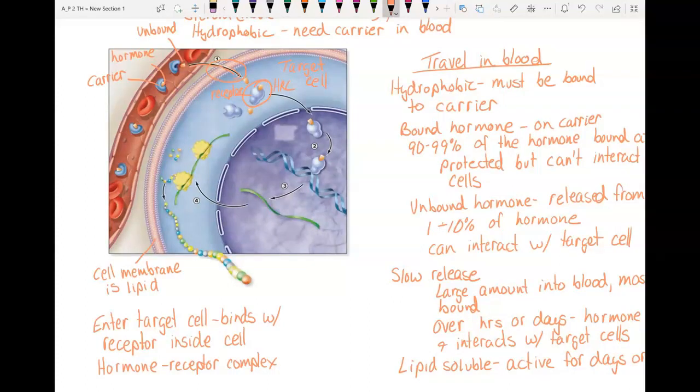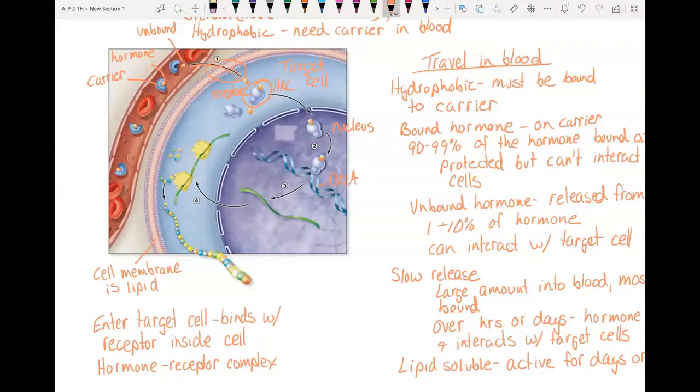The purple part here is the nucleus of the cell. So again, think back to chapter 4, the parts you've learned. The hormone receptor complex enters the nucleus. Now think about what's inside a nucleus. Hopefully you remember DNA. The hormone receptor complex binds to DNA.